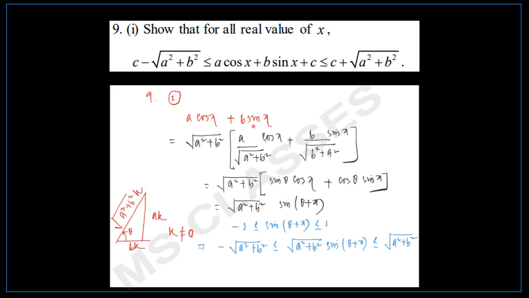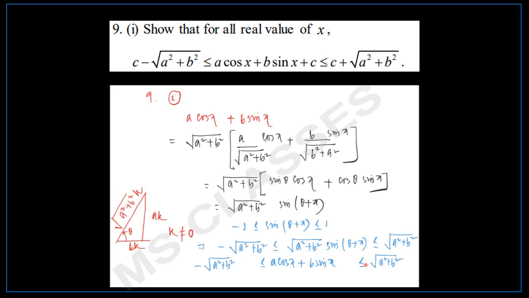A cos x plus B sin x. So you substitute the value. A cos x plus B sin x less than equal to root over of A square plus B square, because this is actually A cos x plus B sin x only. And it's greater than minus under root of A square plus B square.